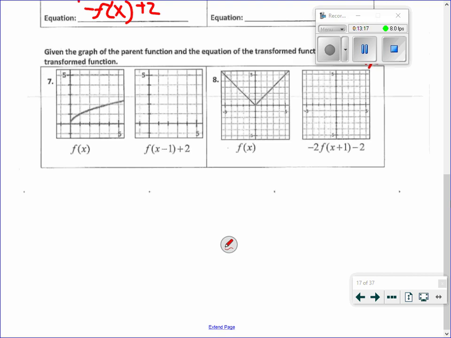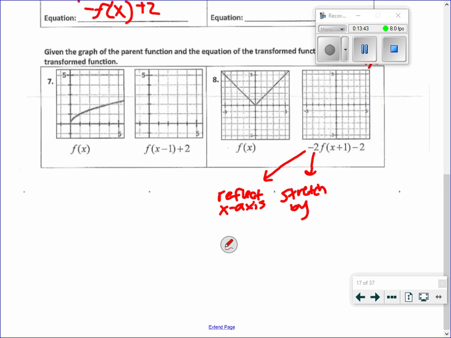This negative out in front means I'm going to do what? The negative means we'll reflect over your x. And then the 2 means you'll do what? Stretch.